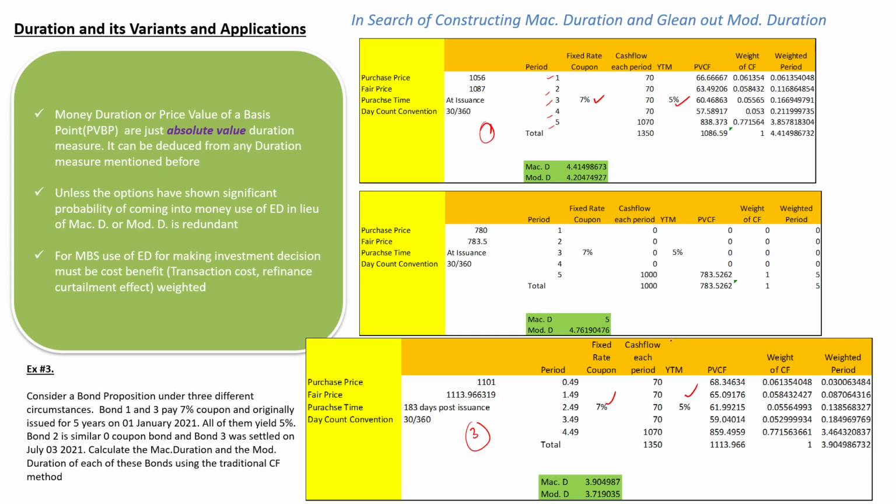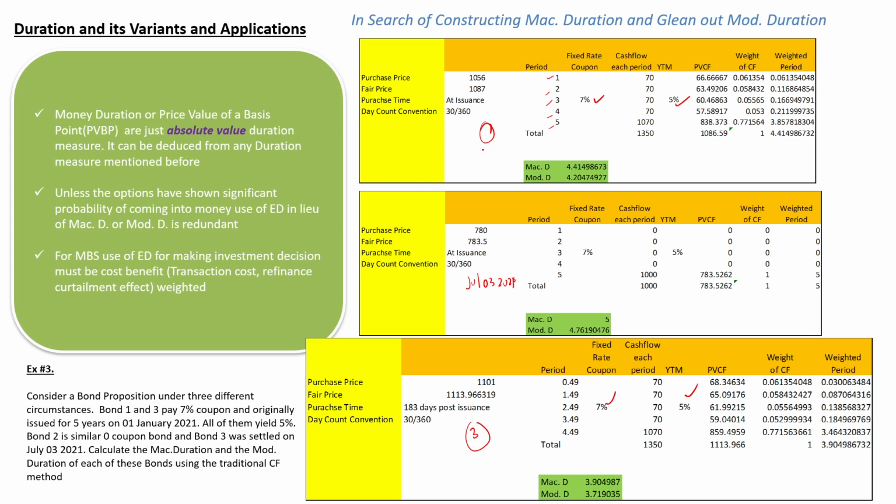Now there is a third bond, which is known as bond 2. It is similar to bond 1 and bond 3, but with the small difference of it being a zero coupon bond. The second difference is that this security was purchased in the market, or is being evaluated for purchasing in the market, on July 3, 2021.